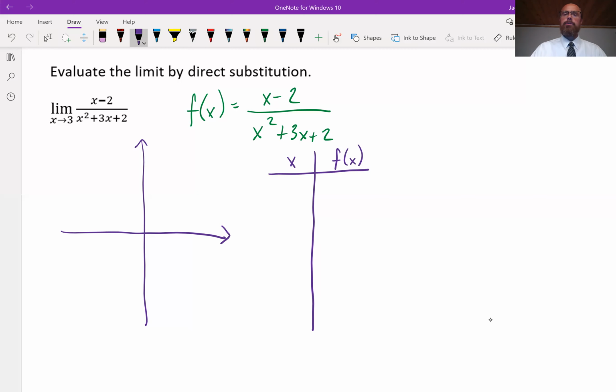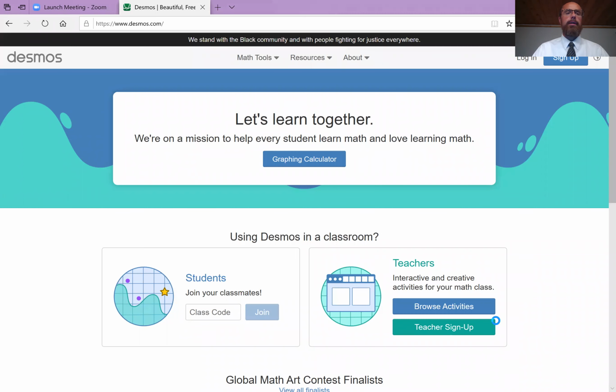But I'm going to head over to an online graphing calculator that's free and is just as functional as a TI-84 or a TI Inspire. So I'm sharing this screen. This calculator is desmos.com.